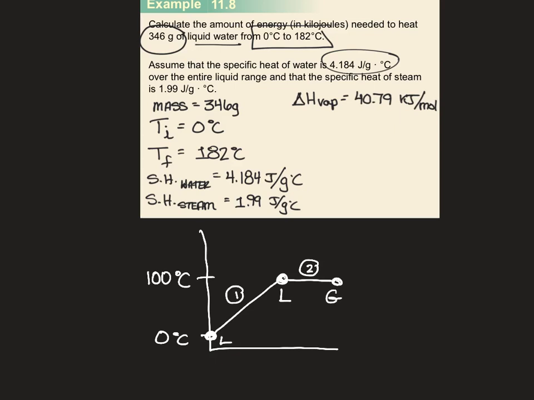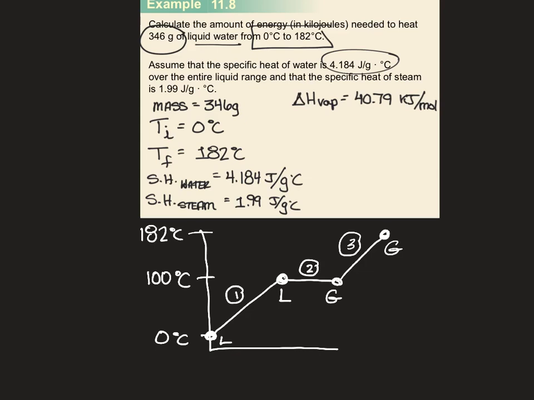At 100 degrees, it's going to take some energy to go from liquid to a gas. And then the problem doesn't tell me I can stop at 100 degrees Celsius. No, it wants me to heat that water up even further, the steam at this point, sorry. So the third step, I'm going to take that 100 degrees, obviously it's already hot, but steam, and heat it up even more to 182.